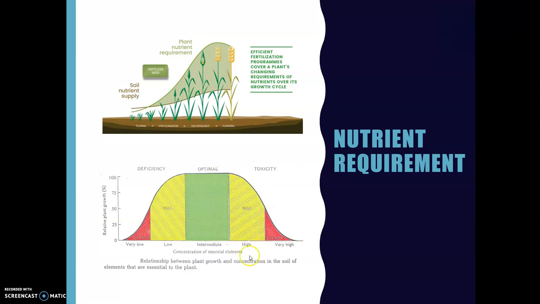But if the nutrient level is very high, it will become toxic, and the plant growth will be less again. If the plant is toxic, sometimes the plant will not produce flowers. The yield, bunches or fruits will be low quality or small in size.